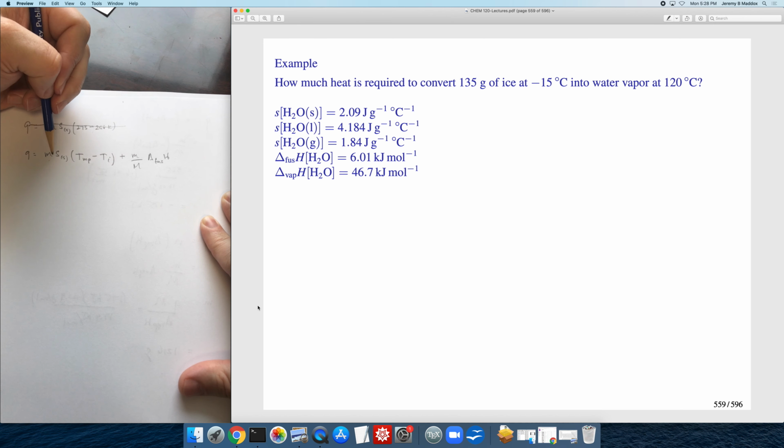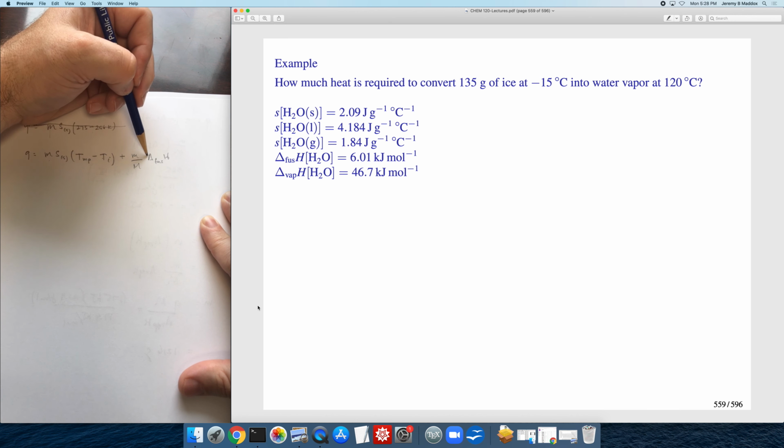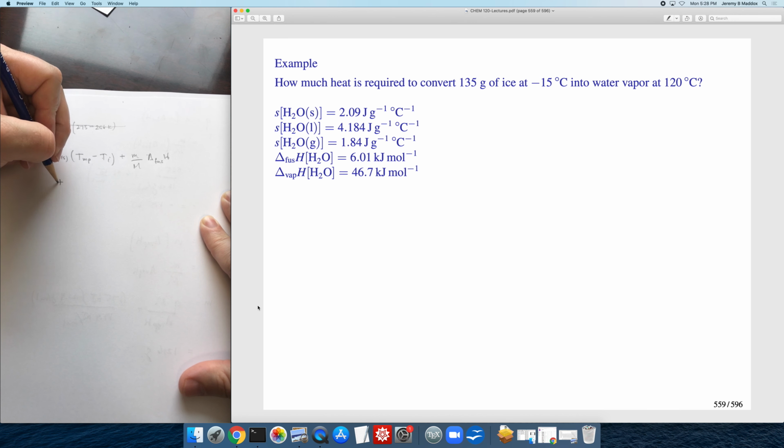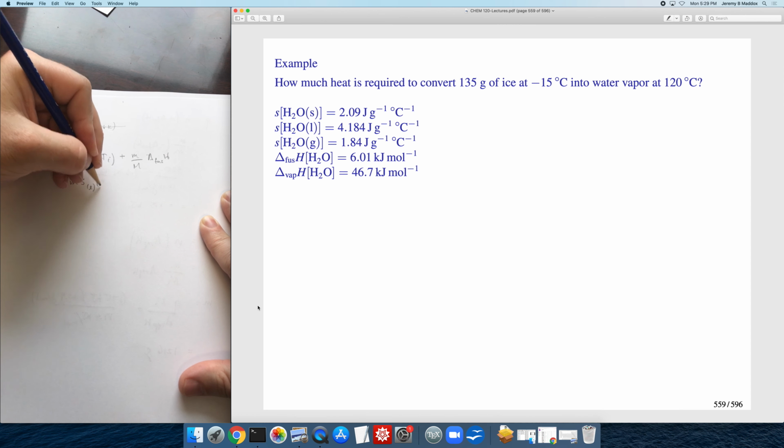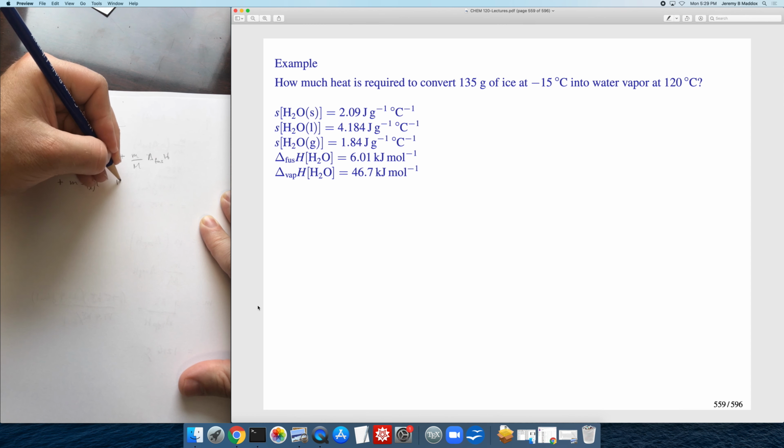This is going to melt the ice. Then we're going to heat up the liquid water, so we're going to go from the melting point all the way up to the boiling point.